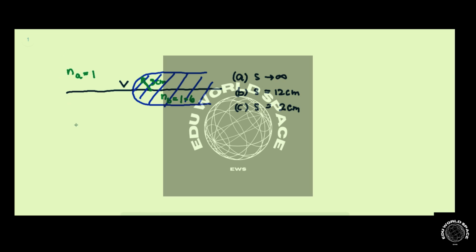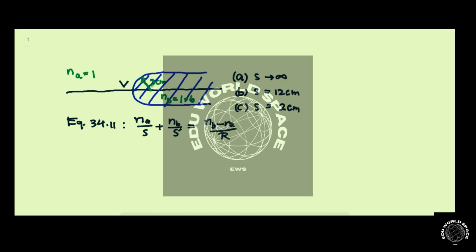So let's go ahead and write down the equation that we're going to use. This is going to be equation 34.11, and that says that NA over S plus NB over S prime is equal to NB minus NA divided by R, where R is a radius of curvature.